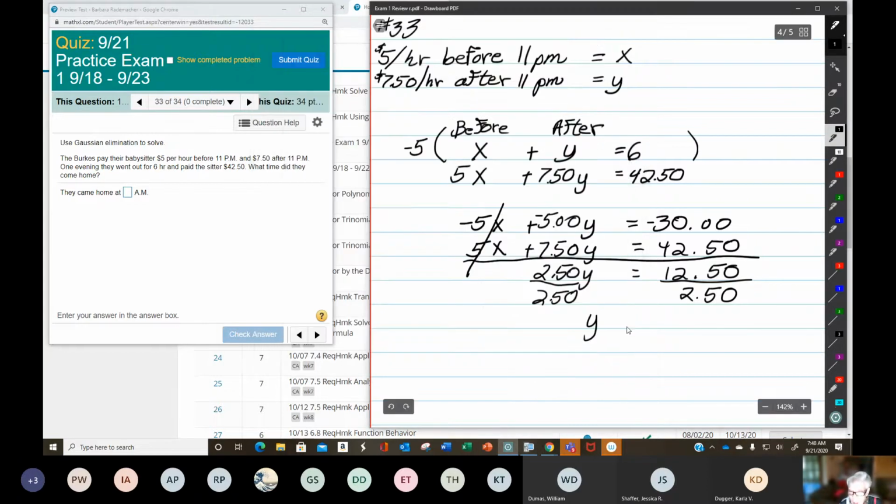So Y is 5. Y is 5 hours after 11 p.m. Okay, well that would be 11 p.m. plus 5 hours.